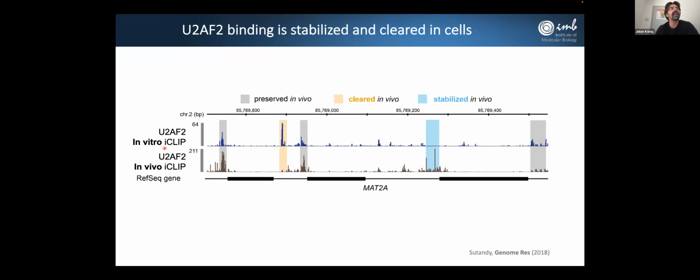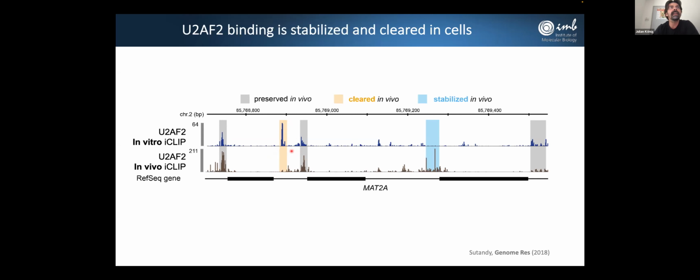And when we look at the in vitro iCLIP data, we can see that some of these binding sites are preserved between in vivo and in vitro, like this one here or like this one here, suggesting that here the intrinsic activity of this protein is enough to explain what it's doing in vivo. But then we also see clear differences.